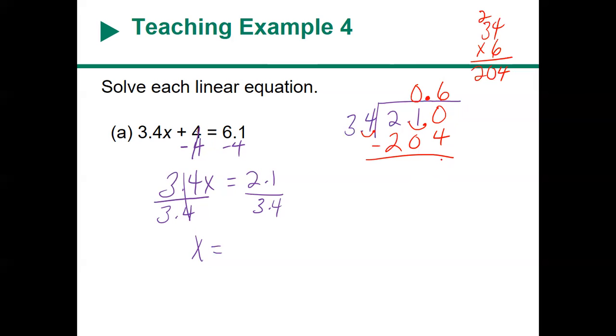Sad and tragic, I tell you. All right. So we bring down, math is math. And it goes in there one time, leaves me with 34. I'm going to subtract. That gives me 26. Does that go in? Nope, got to bring down.